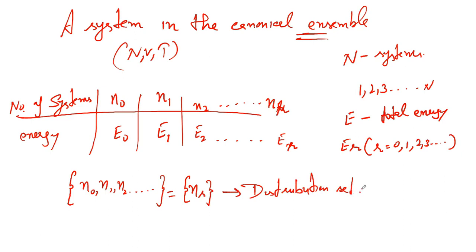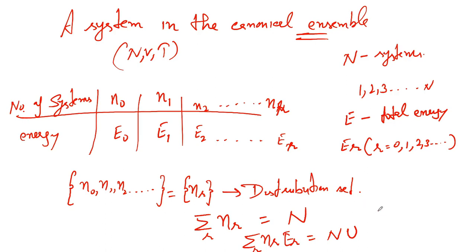This distribution set must satisfy the following condition: the total energy of all these systems at a particular instant of time, where n_r systems have energy E_r in the r-th state, is equal to N into U, where U is the average energy per system.